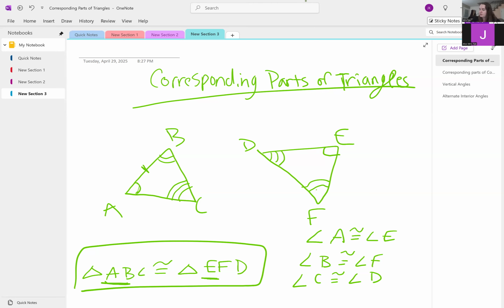So we would say side length AB is congruent to side length EF. It's that one and that one. And they're both the sides that are attached to the angle with one slash and the angle with two slashes, in between the one and the two here. Next one, let me erase this.